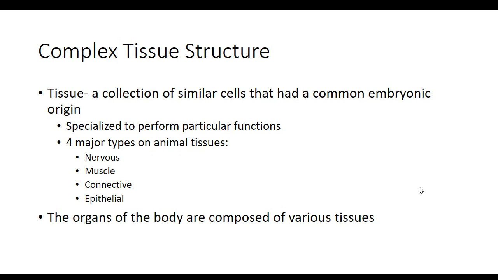And epithelial tissues are tissues that are in thin layers, like your skin is epithelial. And the lining of any hollow organs is epithelial tissue. Your whole digestive tract is made up of epithelial tissue, like the wall of your stomach and the wall of your intestines.